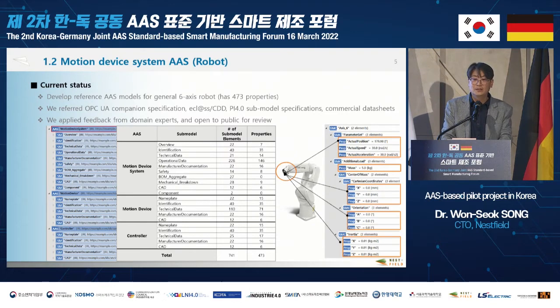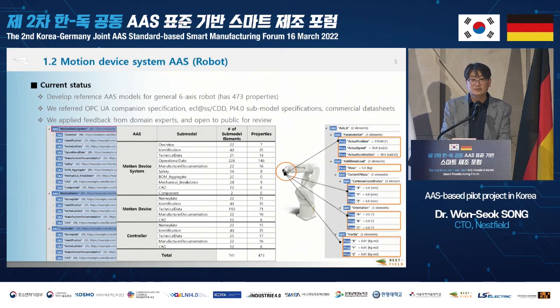You can see there are 473 properties. You can simply refer to the table. Not just the status information you can check on the shop floor, but recognition information and some technical information are also within that model.